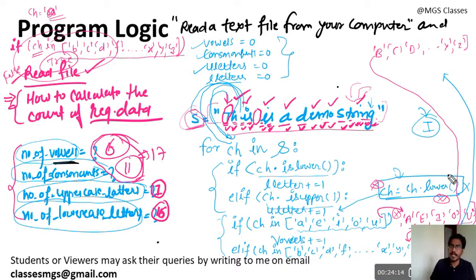If you are writing this line, don't include this. It's not necessary. So here we will increment the consonants: consonant plus equals 1. That's all you need to write.